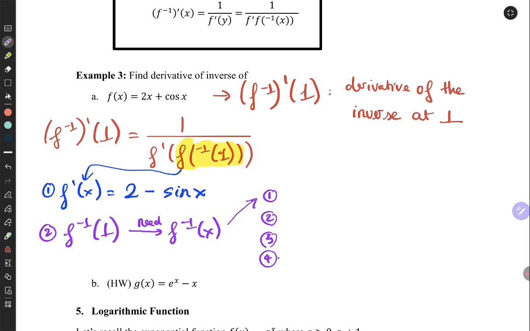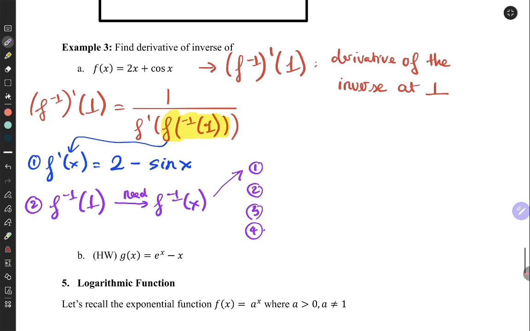Step 1, write out y equals f of x. Step 2, I'm going to solve for x.